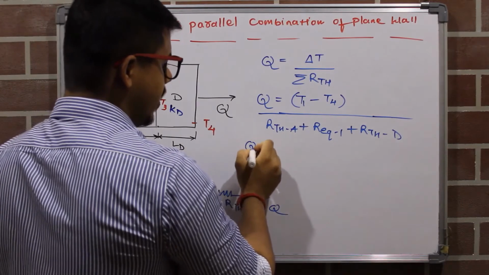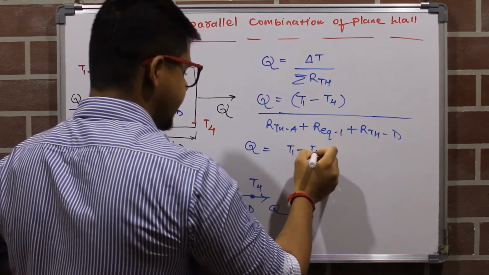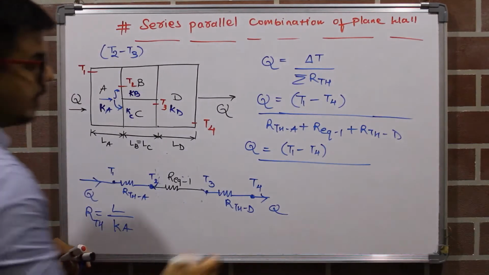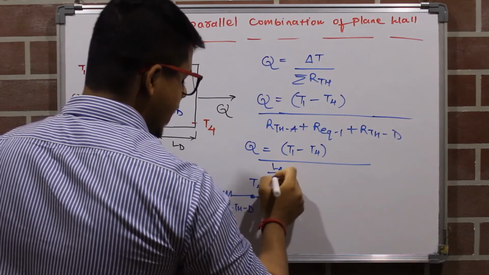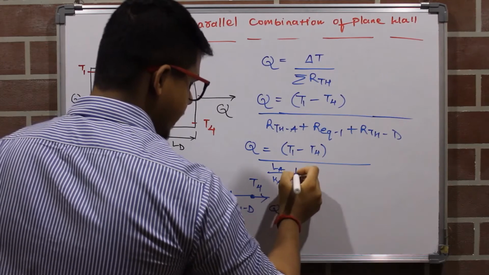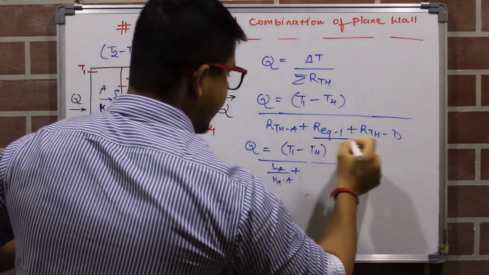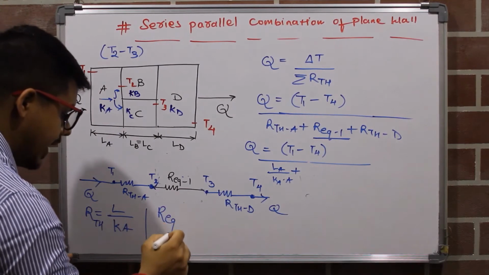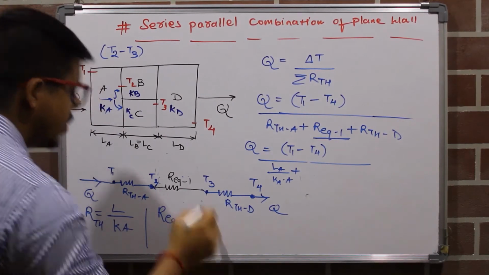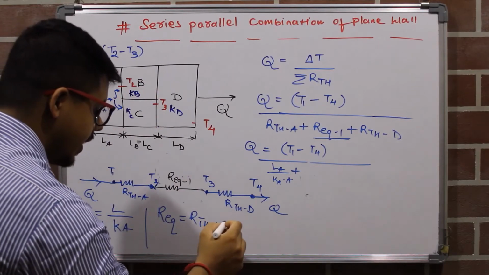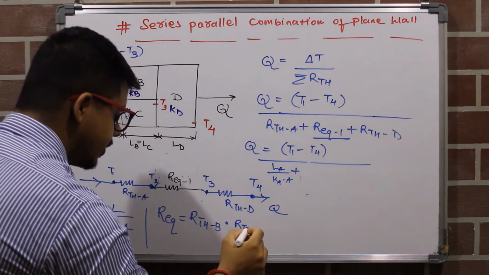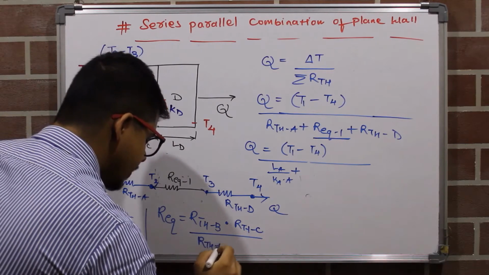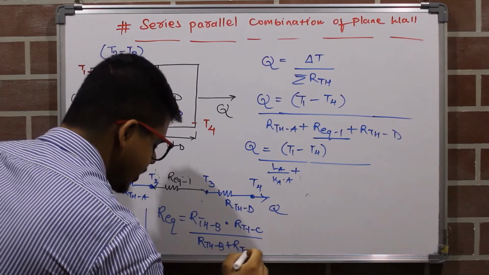Q is equal to T1 minus T4 divided by RTH A, which will be LA by KA into A, plus the value of R equivalent, which can be found by this formula: R equivalent is equal to RTH B into RTH C divided by RTH B plus RTH C.